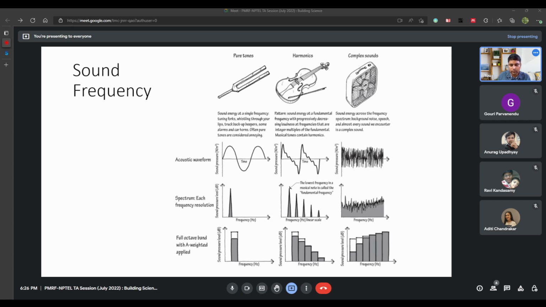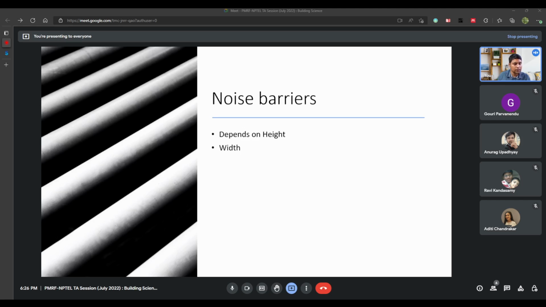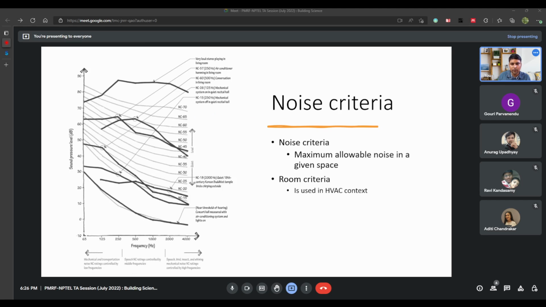Going back to sound frequency and loudness level, these things we covered in the last class. Moving further, we also talked about noise criteria, where there are specific noise criteria levels for each type of space.